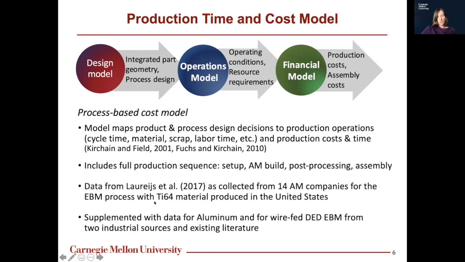We use data from 14 companies for the electron beam melting process with titanium produced in the United States. And then we supplemented this data with production data for aluminum and wire-fed DED to compare different modalities and material uses here.